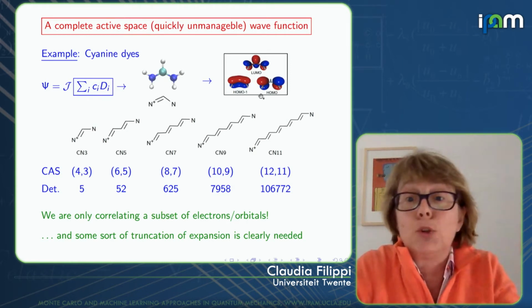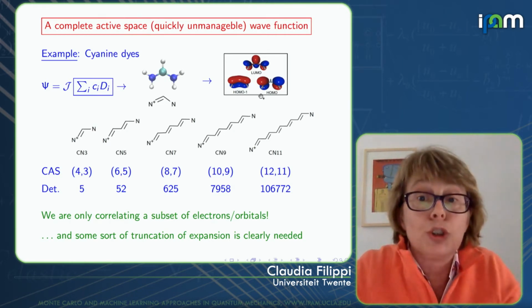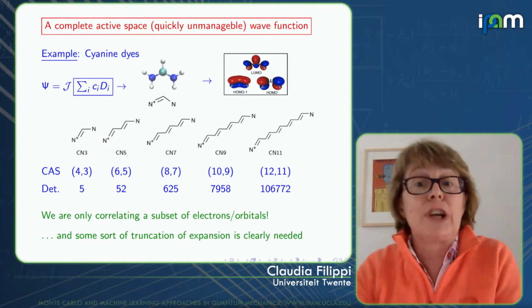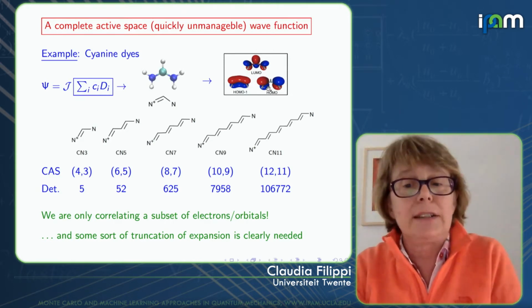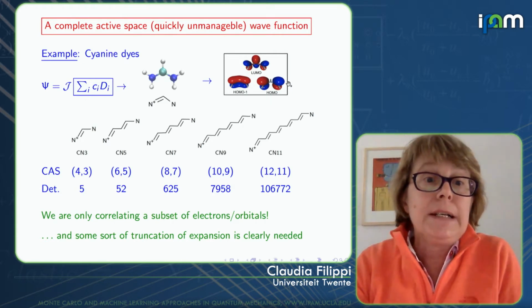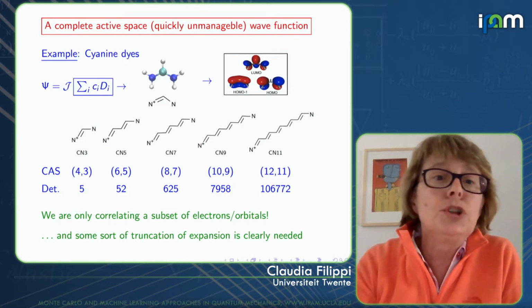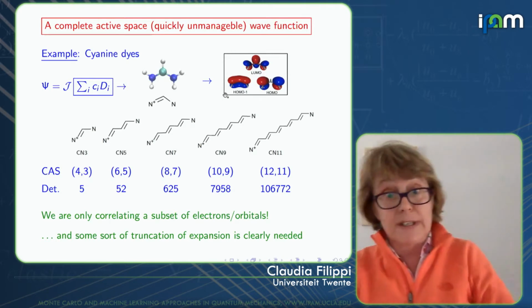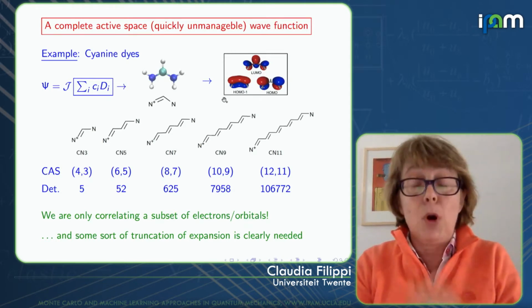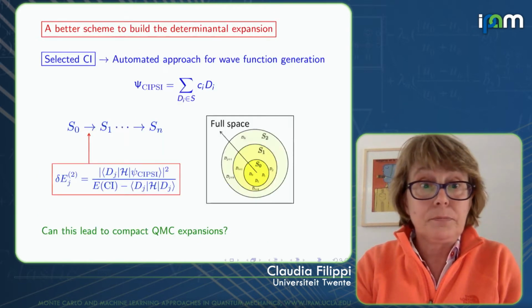For instance, you have a pi to pi star excitation, and the so-called sigma electrons might actually relax, and you're not including them in terms of static correlation. For a long time, I thought that doing a DMC on it would have cured the problem, but we will see in a moment that this is not the case.